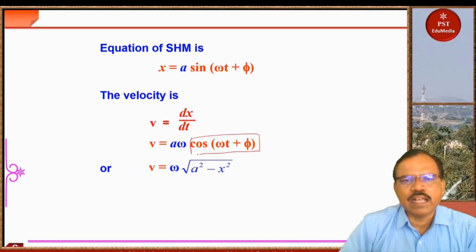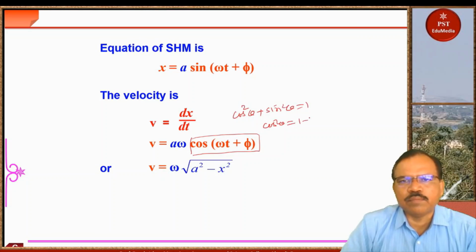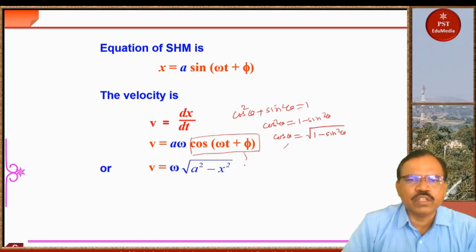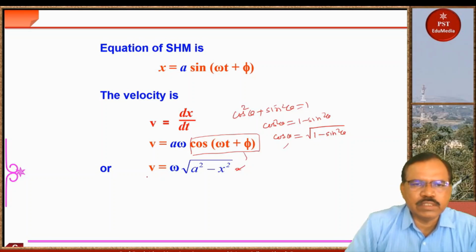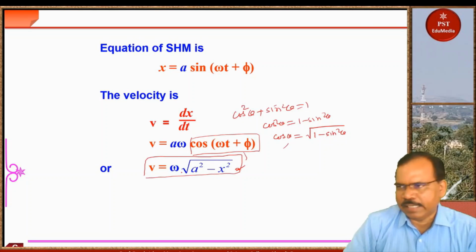Because we know cos square theta plus sin square theta is equal to 1, so we can write cos square theta is 1 minus sin square theta. So cos theta is root of 1 minus sin square theta, and using this you can get v is equal to omega under root a square minus x square.